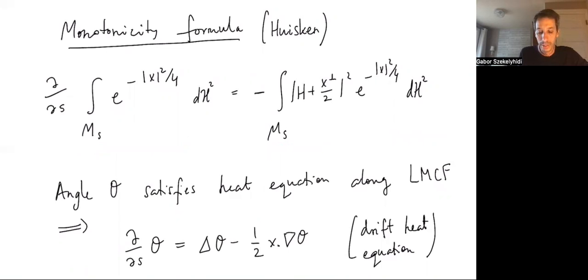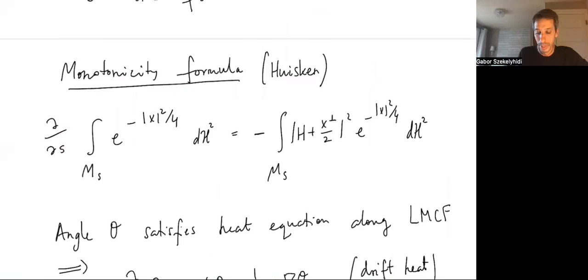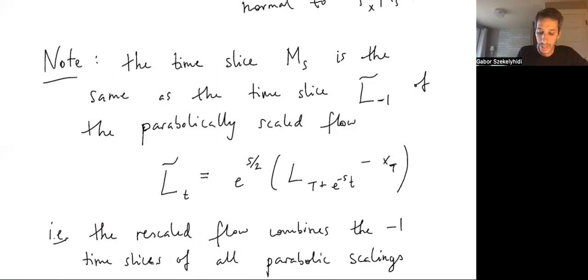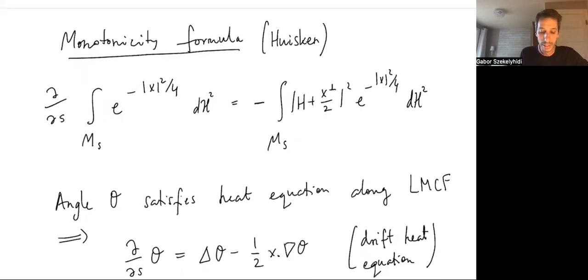In particular, static solutions, where this quantity equals 0, are called shrinkers for the mean curvature flow, and then the rescaled flow is not doing anything. Indeed the monotonicity formula says that that's exactly the situation when this Gaussian area is not changing. So basically the rescaled flow is a gradient flow for this Gaussian area.